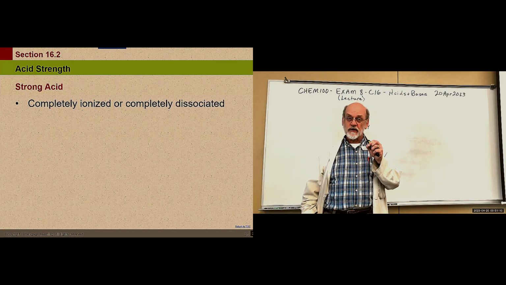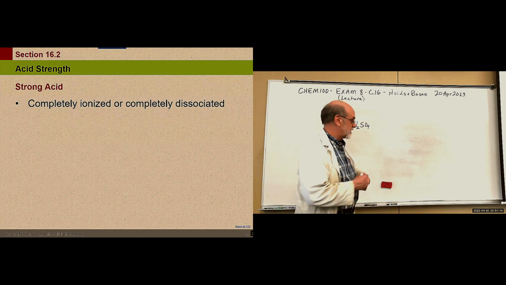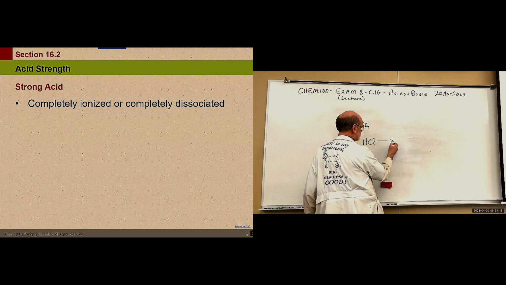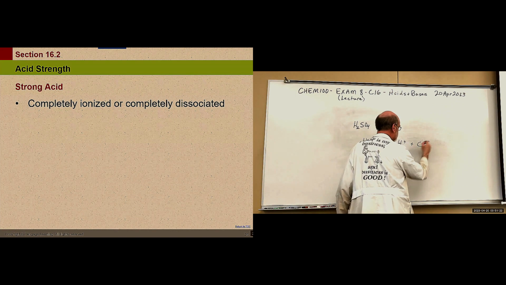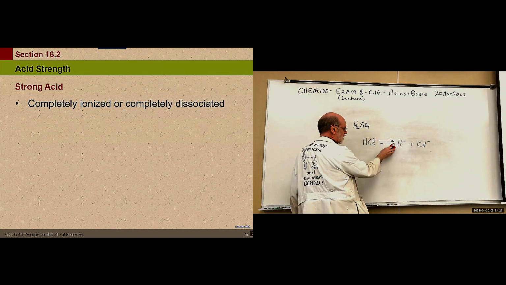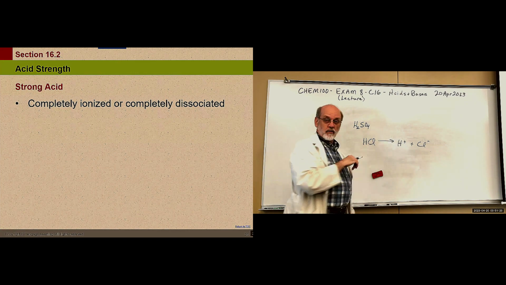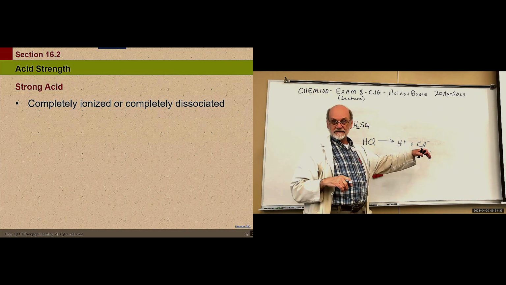A strong acid refers to one which is completely ionized, completely dissociated. So this one would be a better example. That one produces these two species, and this part is almost completely gone. We can essentially say that this is completely to the right.